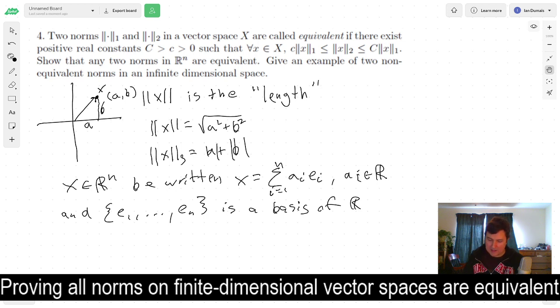So this will work for any basis. I mean, you could have e1 be 1, 0, all zeros. You could have e2 be 0, 1, 0, the rest zeros, etc. That's like the standard basis. But this will work for any basis. We're going to keep it very general.